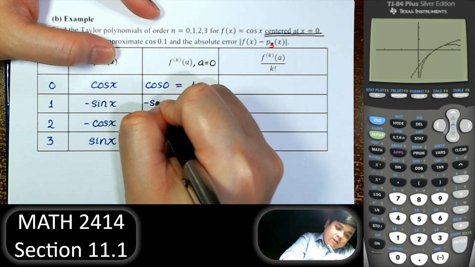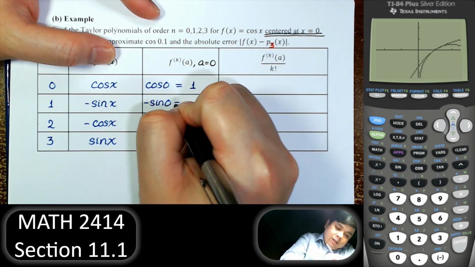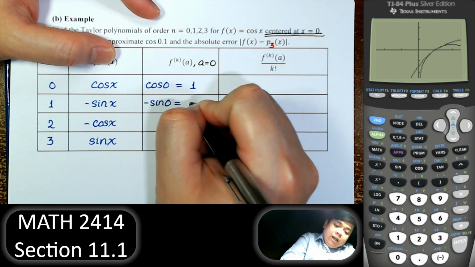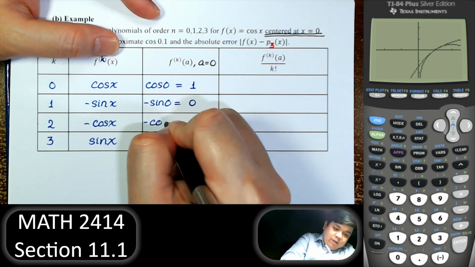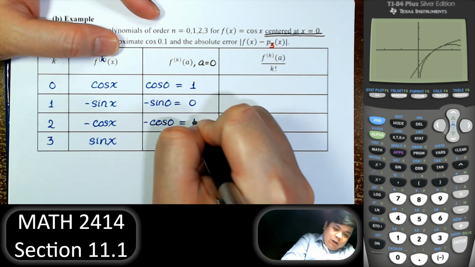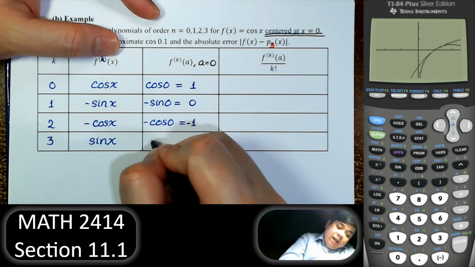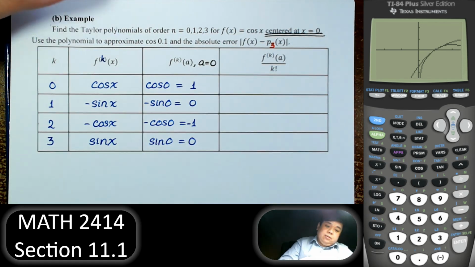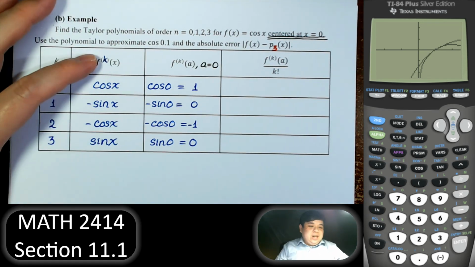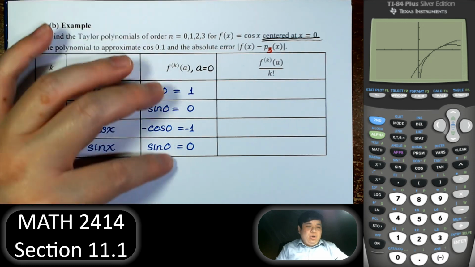Negative sine of 0 is 0. Negative cosine of 0 is negative 1. And sine of 0 is 0. Simple enough, right? All the derivatives, put in the values.